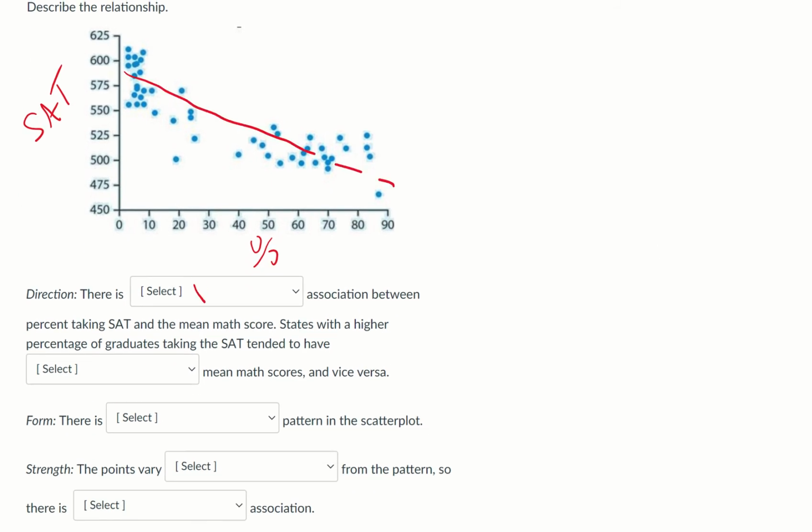So we're going to say that there is a negative association between percent taking the SAT and the mean math score. It looks like states with a higher percentage of graduates that take the ACT or the SAT tended to have lower mean math scores, interestingly enough. So I guess the more people that ended up taking it, the more it tended to pull down the average overall.